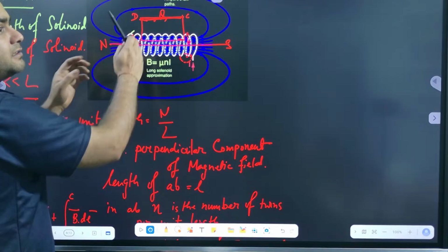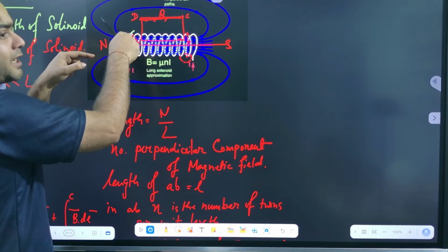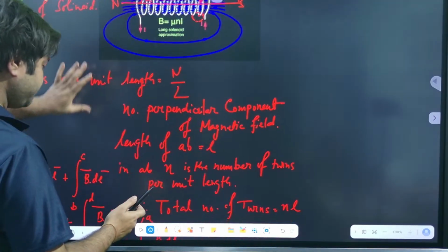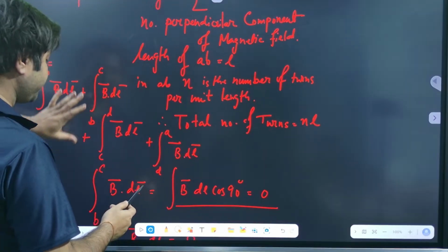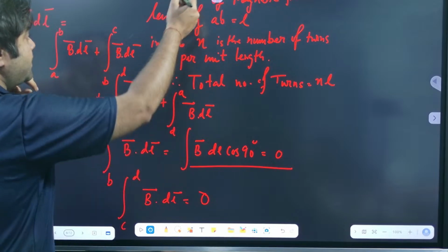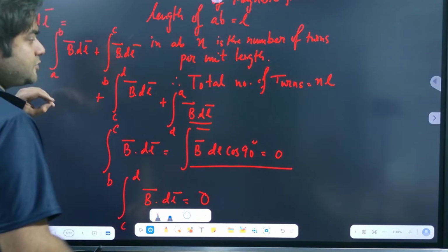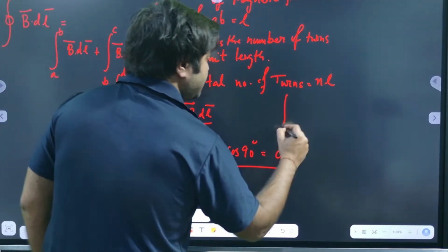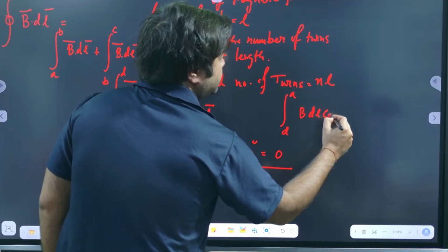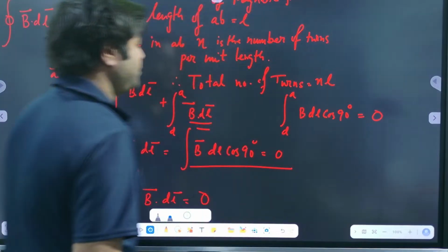So again this perpendicularity, this orthogonality that has been created, there will be a 90-degree angle between this B and DL. So for that reason, from D to A, this will again become cos 90 and will become 0.